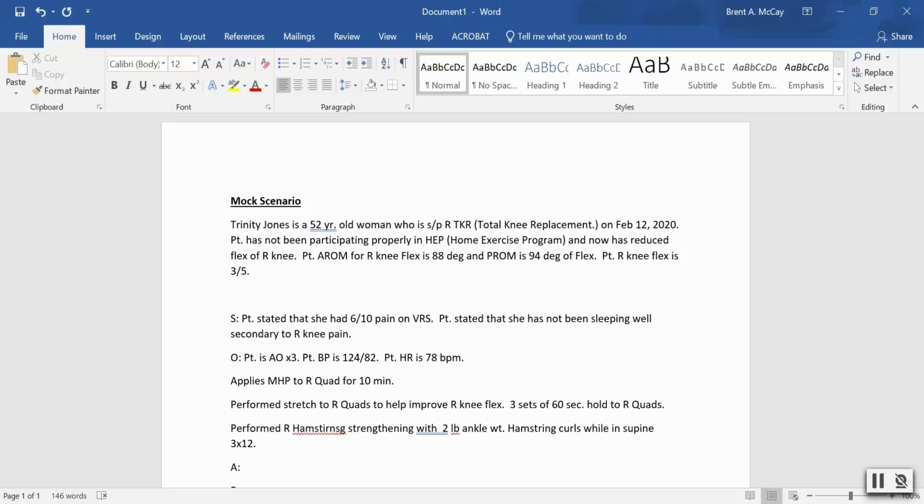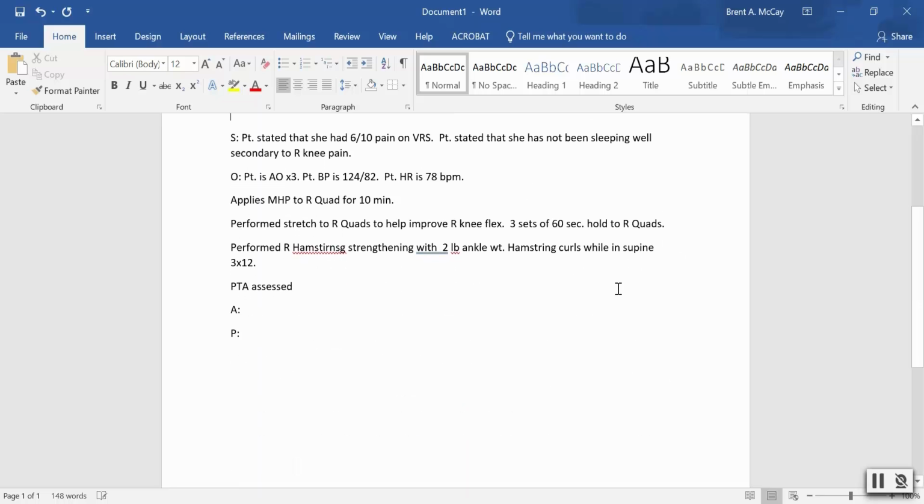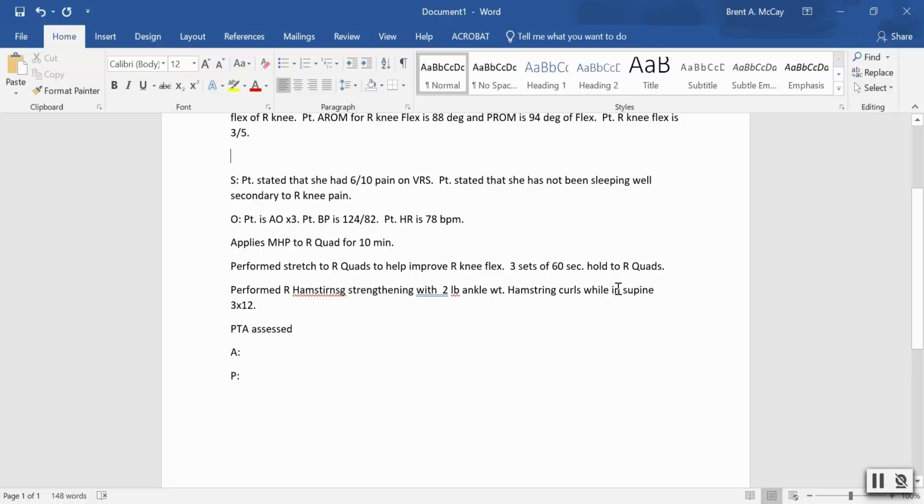And then you might go PTA assessed right knee flexion. Oh, what happened?